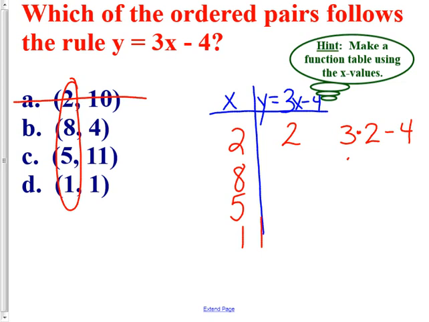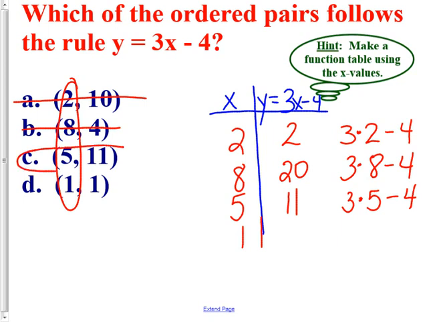3 times 8 minus 4. 3 times 8 is 24, minus 4 is 20. So it's not 8, 4. 8, 4 is out. It has to be 8, 20. If x is 5, 3 times 5 is 15, minus 4 is 11. Aha! It looks like that one is probably going to work.